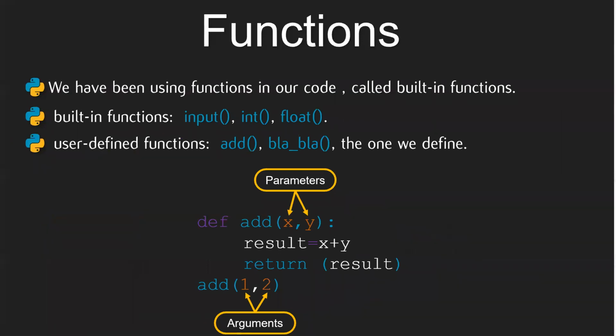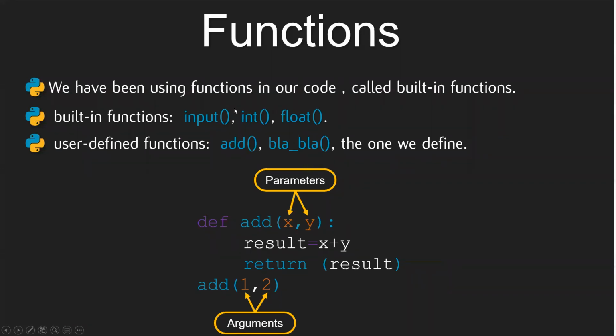Since the first session, we have been using functions. There are two kinds of functions so far: built-in functions and user-defined functions. What do we mean by built-in functions? The built-in functions are those we have been using, like input, int, float, complex, and other functions you will be using when you are programming.